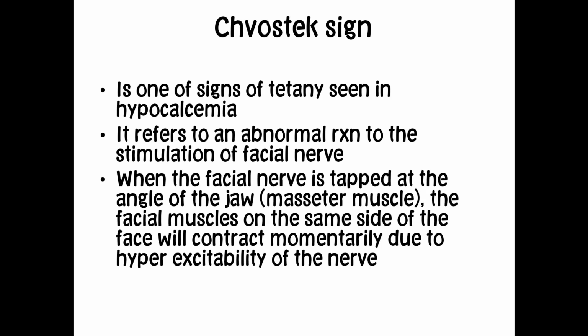What is Chvostek sign? Chvostek sign is one of the clinical findings in a patient with hypocalcemia, and it is a feature of tetany. It refers to an abnormal reaction to the stimulation of the facial nerve. So when the facial nerve is tapped at the angle of the jaw, that is over the masseter muscle, the facial muscles on the same side of the face will contract momentarily due to hyperexcitability of the nerve.